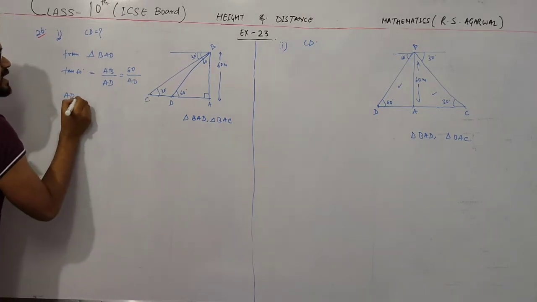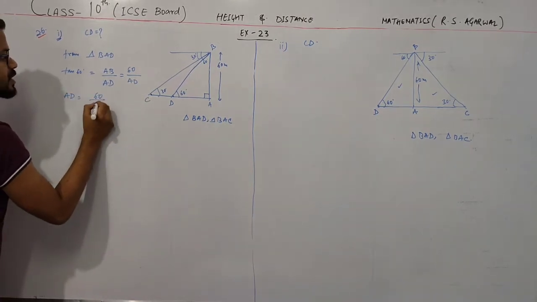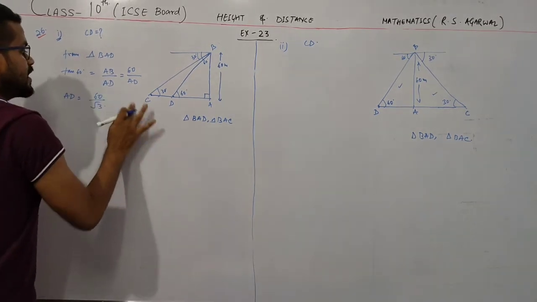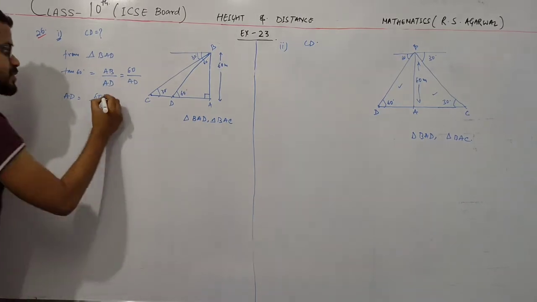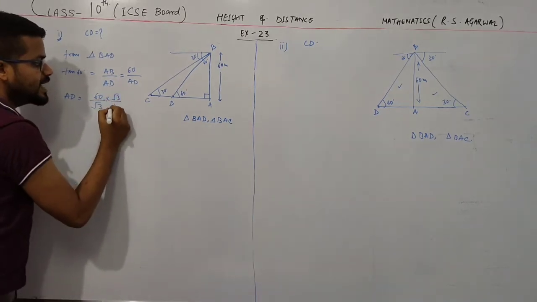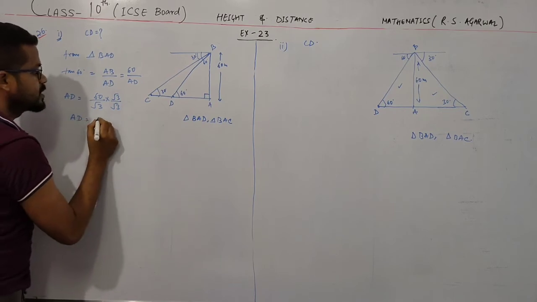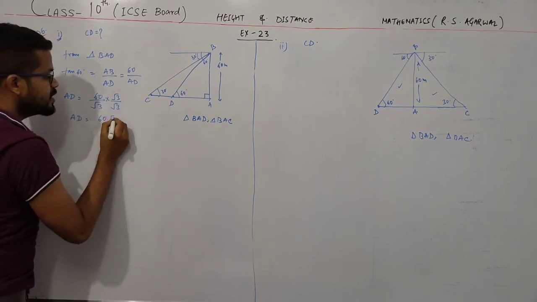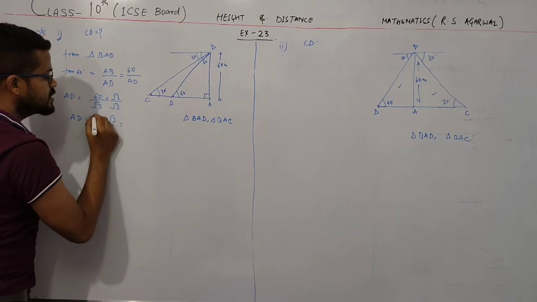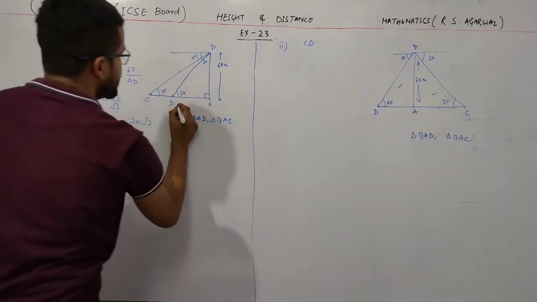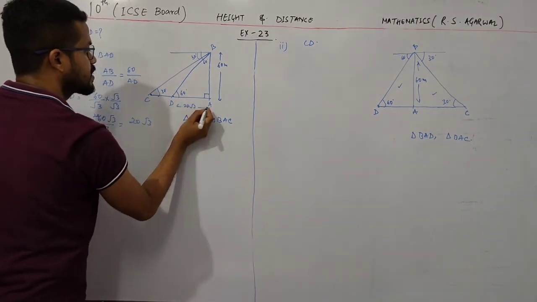So AD is equal to 60 upon root 3. The value of tan 60 is root 3. Here root 3 is in the denominator, so rationalize this, multiply and divide by root 3. So AD is 60 root 3 divided by 3. So this is 20 root 3.